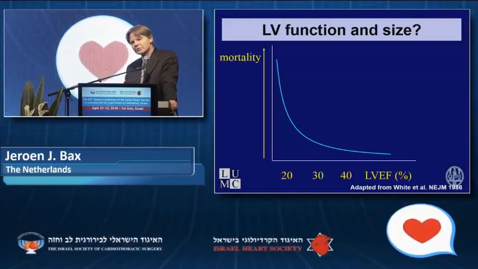But what was very interesting to see at the last ACC meeting was that the STICH data in this sort of patients were presented, 10 years outcome, and more than 50% were dead by 10 years. So we do a lot to the patients, we help them a lot, but the outcomes are still not good in these patients. And the lower the EF is, the worse the outcome is.